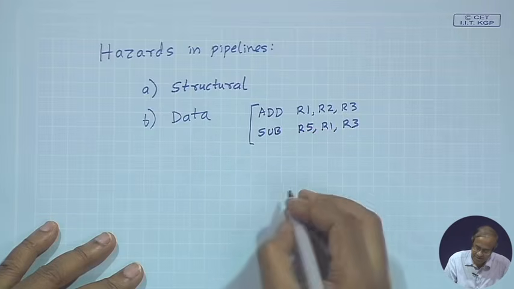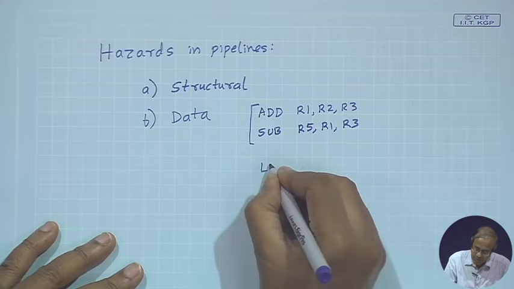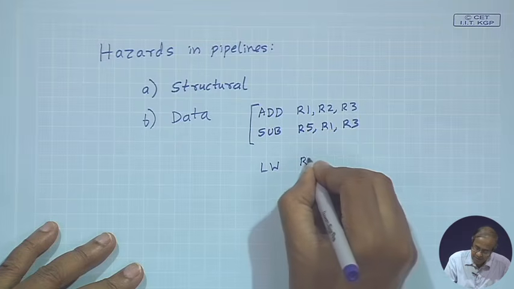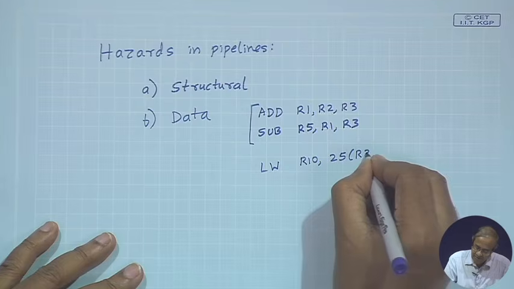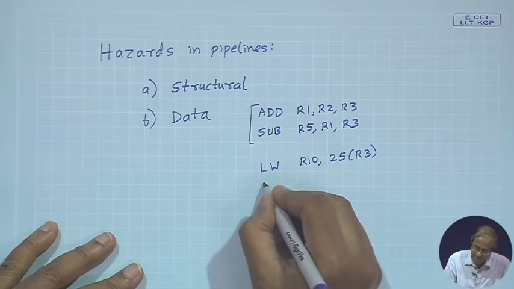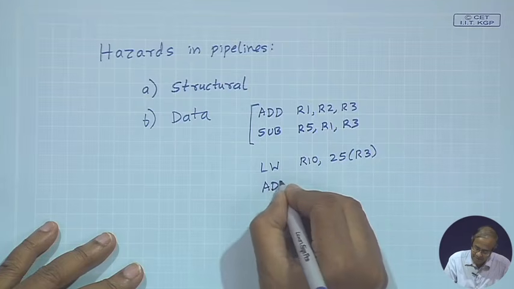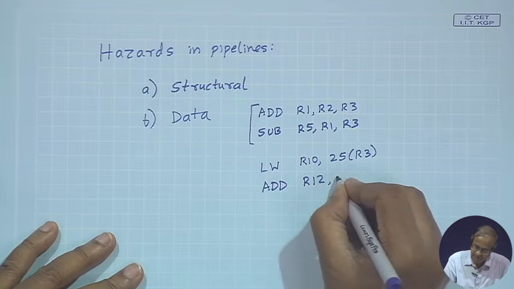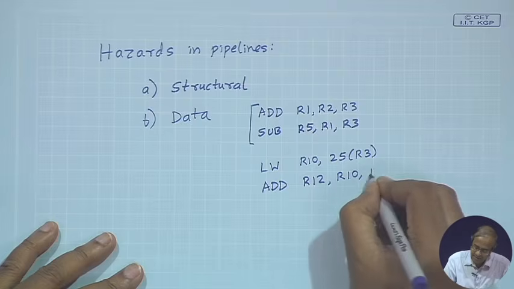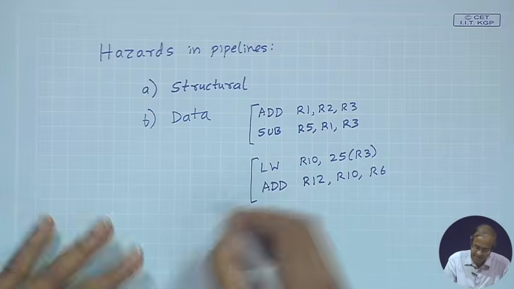This is one example. Let us take another example, load R10, 25(R3), then add R12, R10, R6.